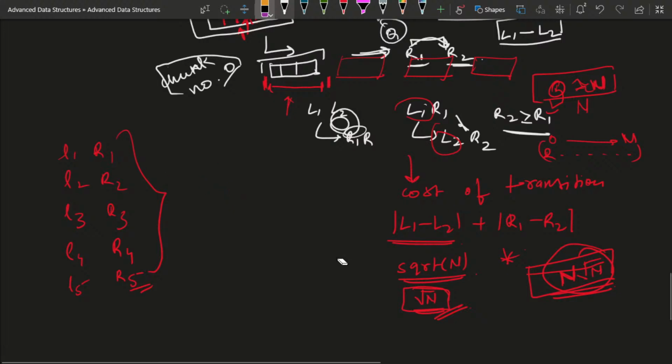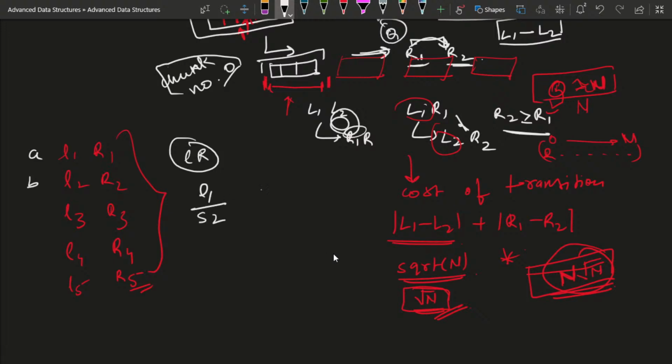I am sorting in such a way that if this is my query number A and this is my query number B, and if L1 by Sz is equal to L2 by Sz, that is, the block number to which the left hand lies is the same, then I am sorting on the basis of the right hand.